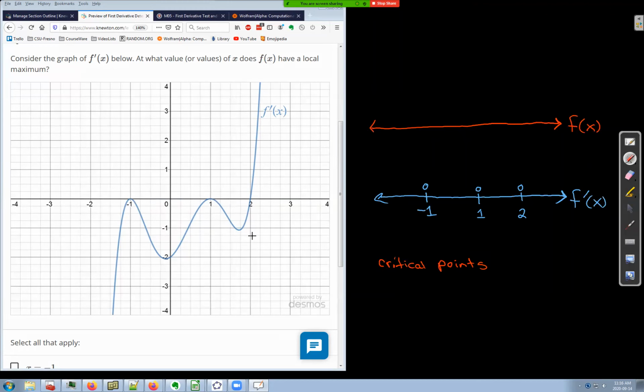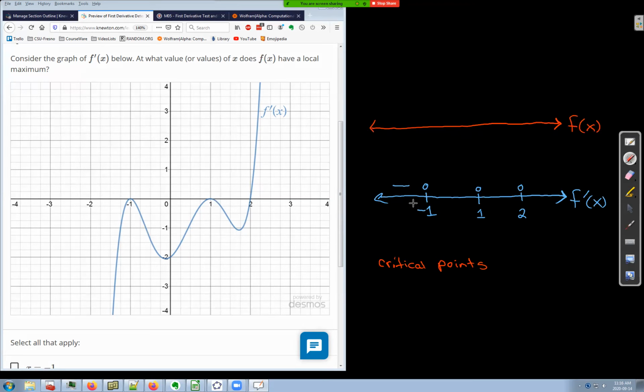And the idea is that the derivative function is either always positive or always negative on each of those regions. So as an example, we see that on the region where x is less than -1, the derivative is always below the x-axis. And below the x-axis means negative.